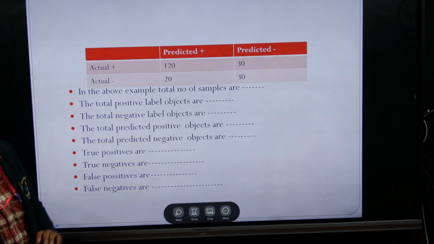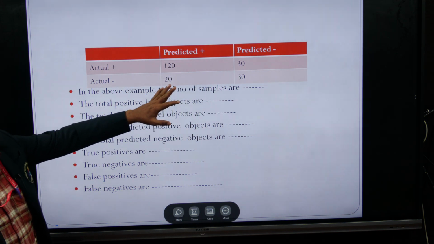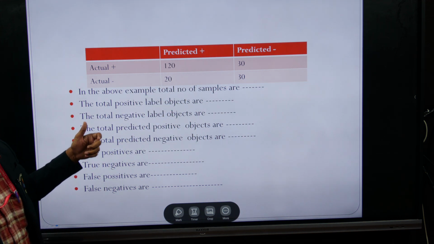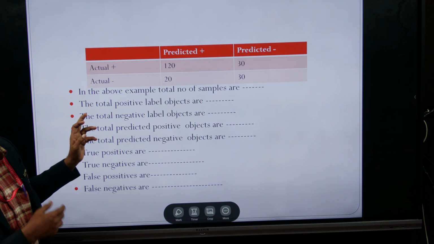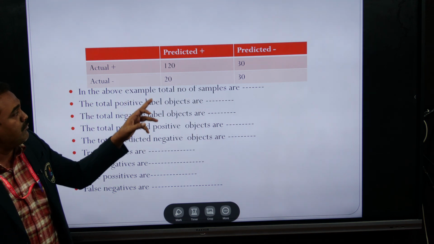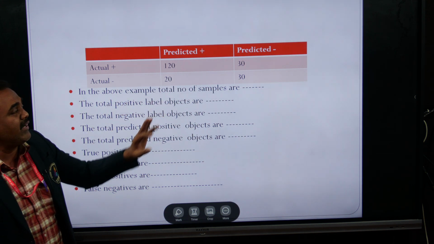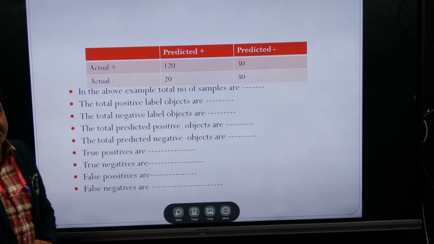And for 30 students, our model predicted that they do not have the placement. For the 50 students who were not placed, those 50 student samples are given to my model. My model predicted 20 students will be selected in the campus, and the remaining 30 will not be selected.